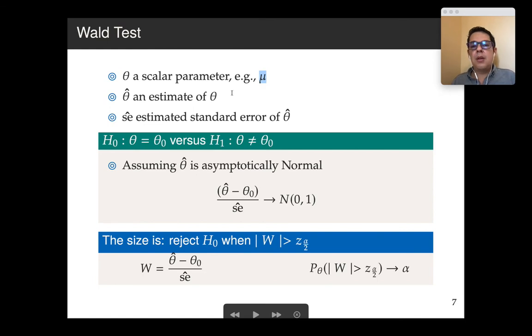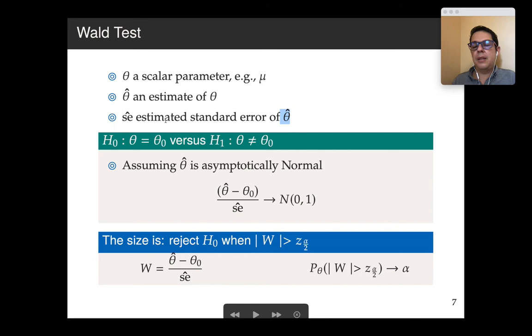We are going to estimate theta, as we did with the estimated mean, and we refer to the estimate as hat theta. We are also going to estimate the standard error, referred to as hat SE, the estimated standard error of the estimated parameter.